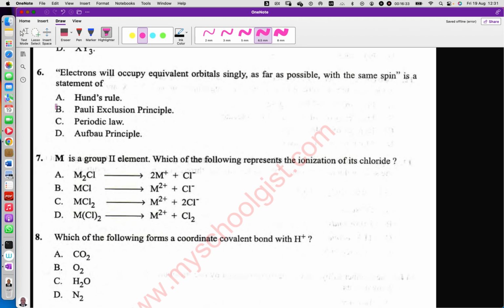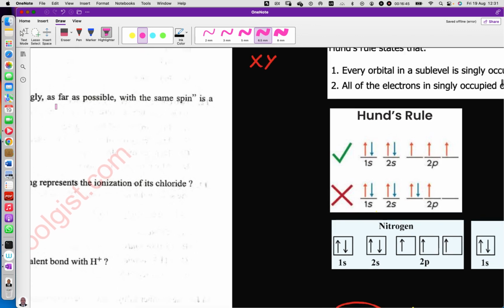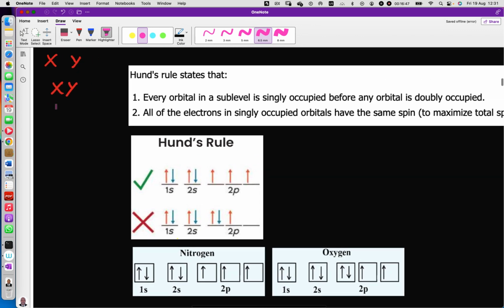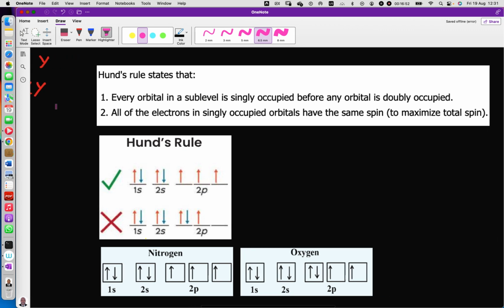Hund's rule, Pauli exclusion principle, periodic law, Aufbau principle. Which of the rules? It is Hund's rule. See what Hund's rule is telling you here. According to Hund's rule, every orbital in a sublevel is singly occupied before any orbital is doubly occupied.